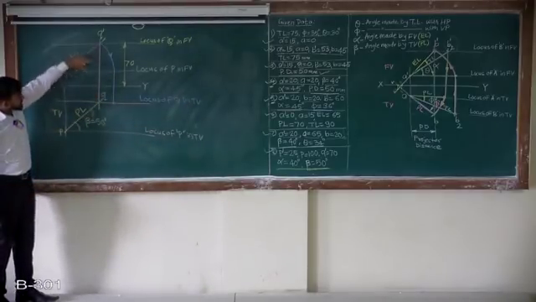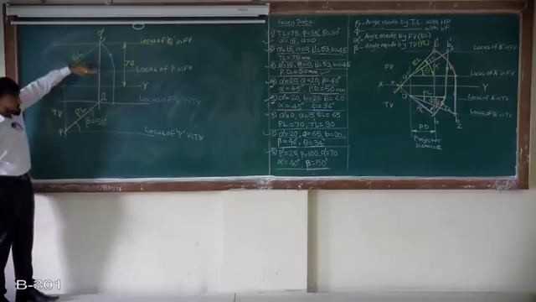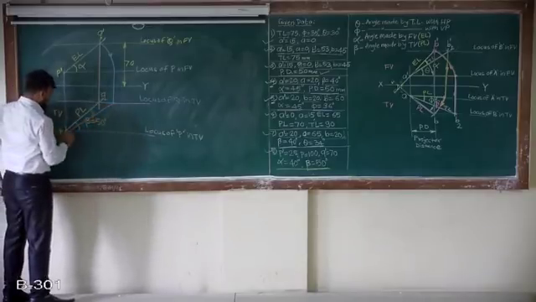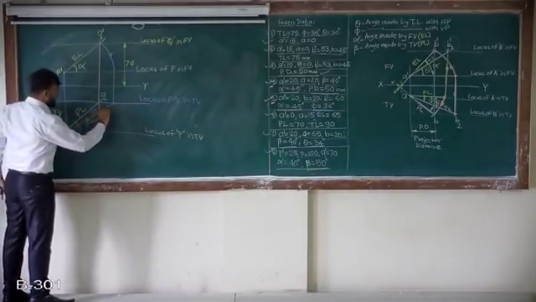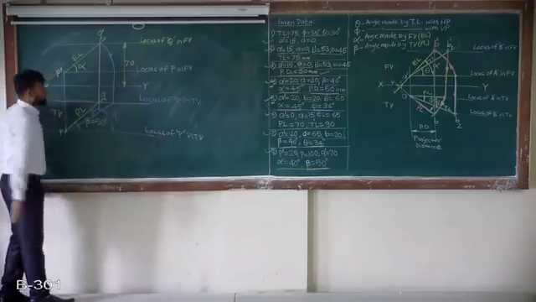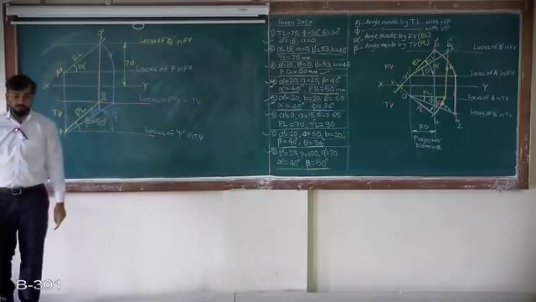So just by projecting this point, that means by rotating or making parallel EL to XY and then onto the locus of Q. Join it. This is the true length and this angle is angle phi. So that's whole problem.